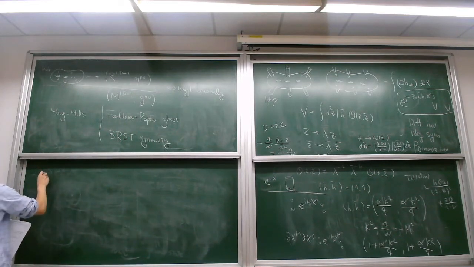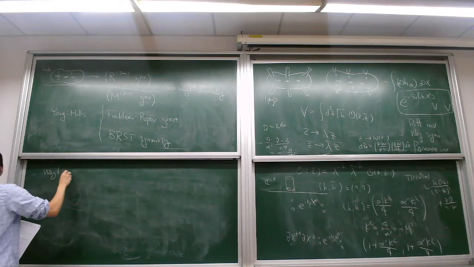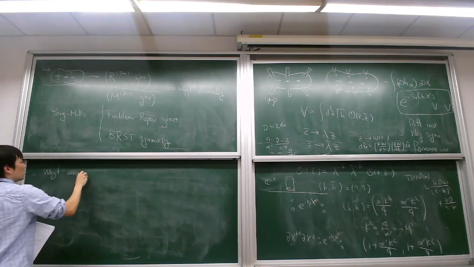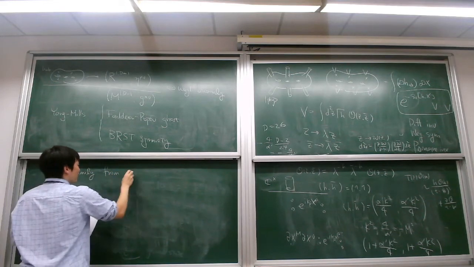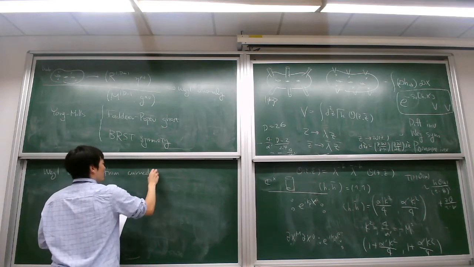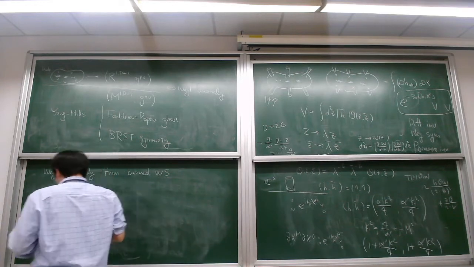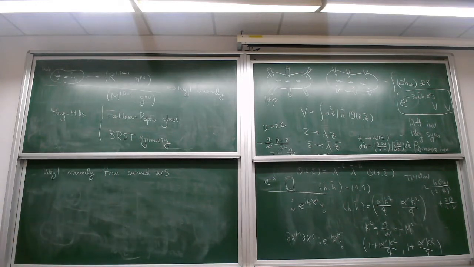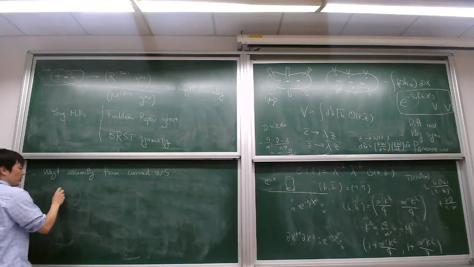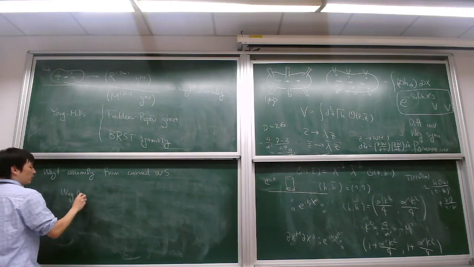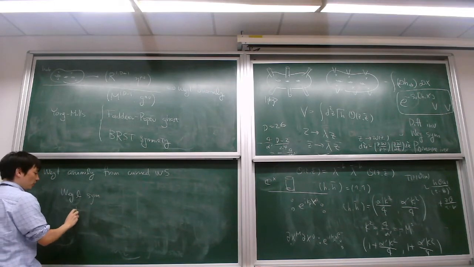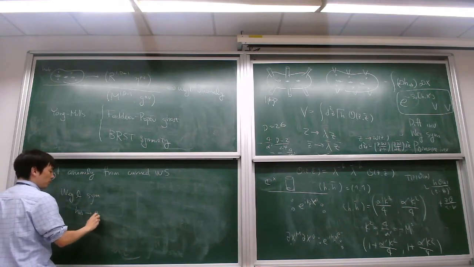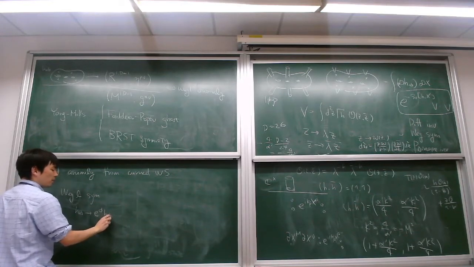So this is called the Weyl anomaly, on a curved worldsheet. Classically, the Weyl symmetry maps h_ab to e^phi h_ab, just a scaling of the metric.